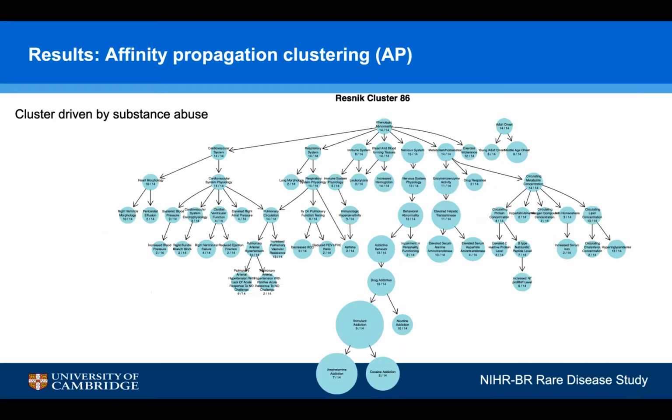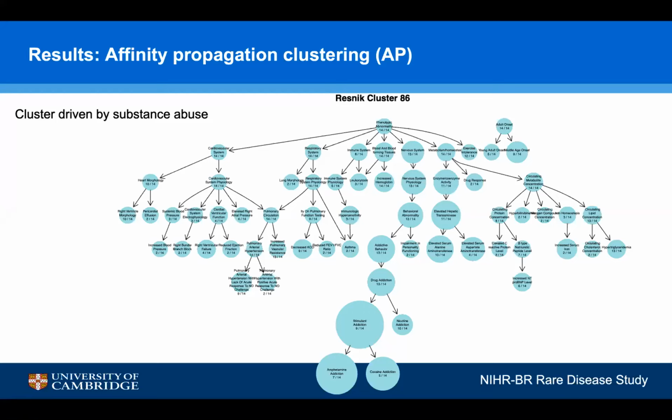And similarly to partitioning around medoids, affinity propagation clustering identified clusters that were driven by features that are already of interest in clinical phenotyping, such as strong autoimmunity signal, congenital heart disease, age of onset, but also by some other features like substance abuse.